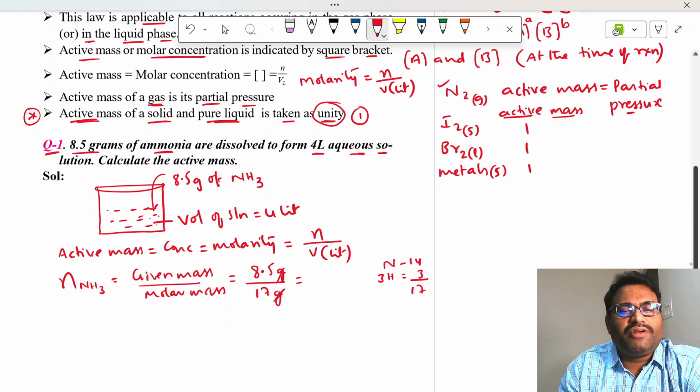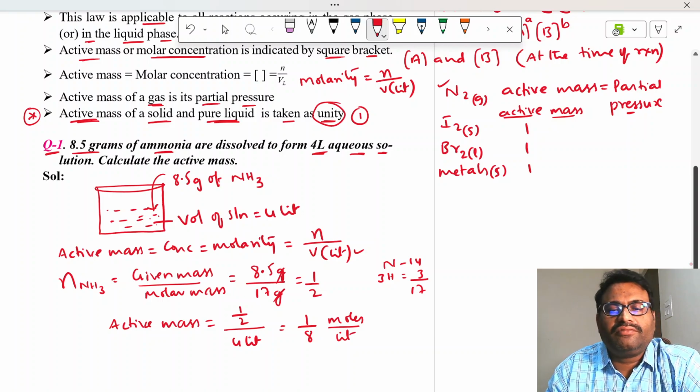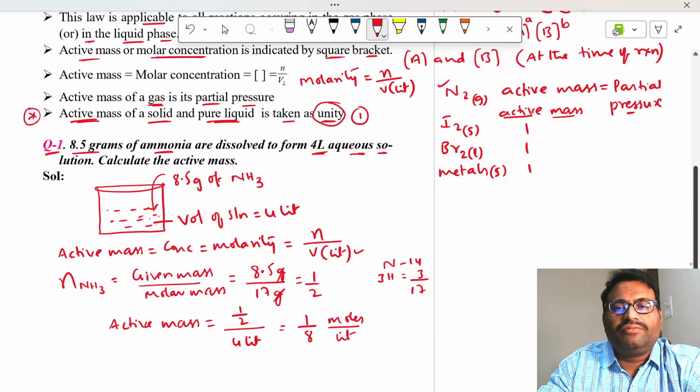Then you get 1 by 2. So active mass is number of moles, 1 by 2, by the volume of the solution in liters, 4 liters. That is equal to 1 by 8 moles per liter. So that's the answer. Understood?